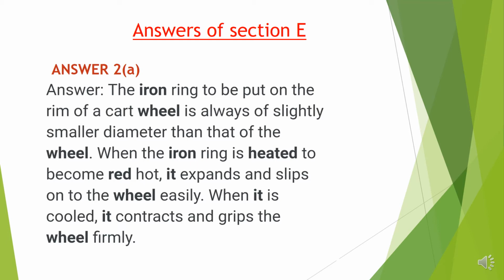So when the iron ring is heated to become red hot, due to thermal expansion it expands and very nicely it slips on the wheel. Now when it is cooled, it contracts and grips the wheel firmly.